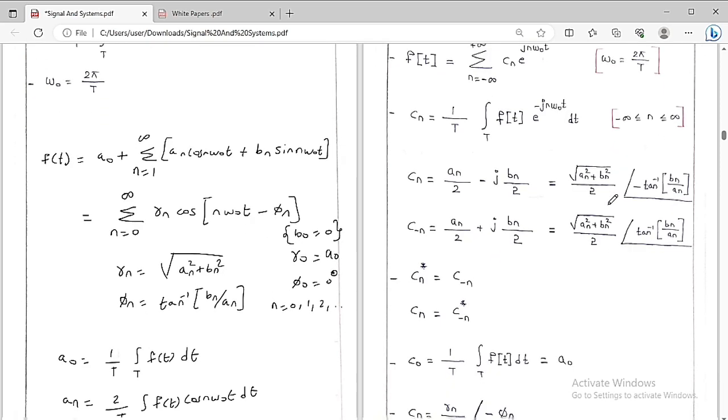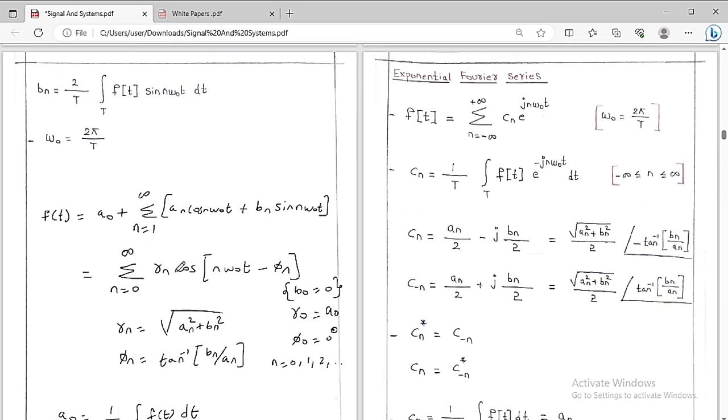Now if you see clearly, I want to correlate Cn with An and Bn. I want to give some relation between the trigonometric Fourier series and the exponential Fourier series, that is, between their coefficients.